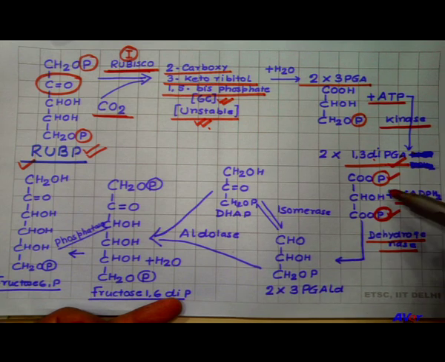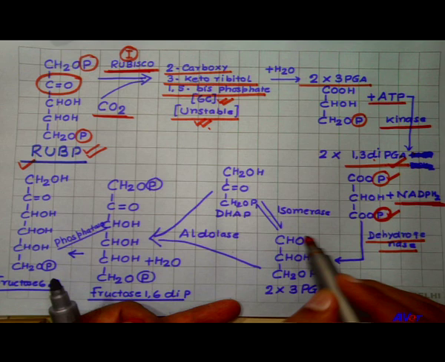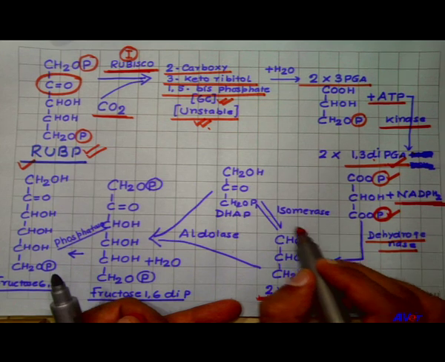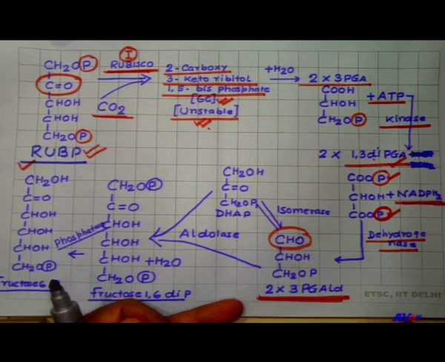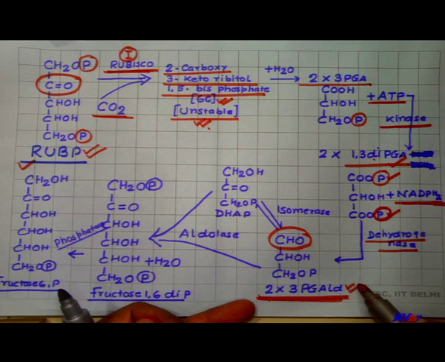and this 1,3-diPGA is now converted, with the help of this hydrogen, into an aldehyde. This is the aldehyde group. This gives 2 molecules of 3-phosphoglyceric aldehyde.